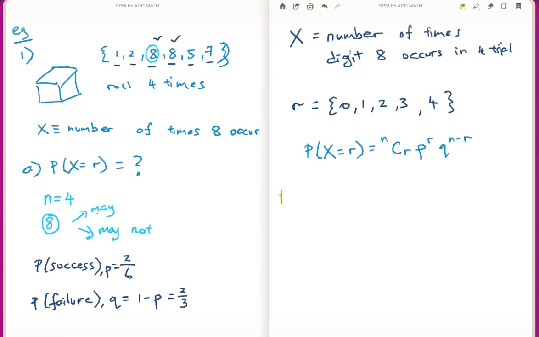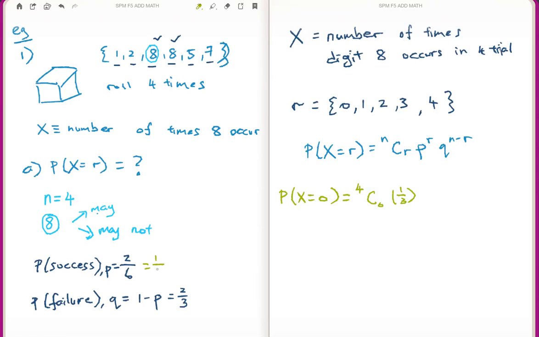For the probability that you do not get digit 8 over 4 times, it will be 4 choose r, where r is 0. p is 1 over 3, which I get from here, simplified.